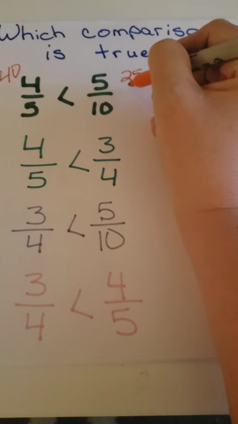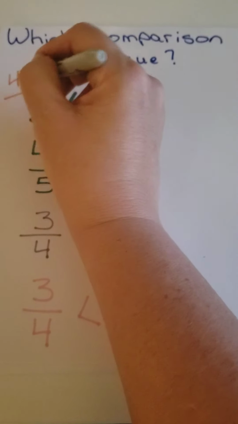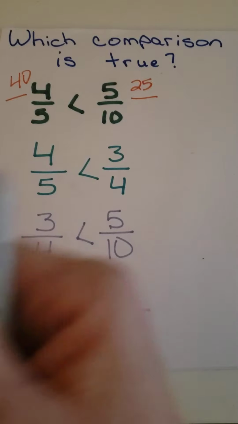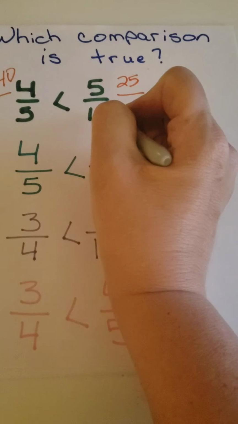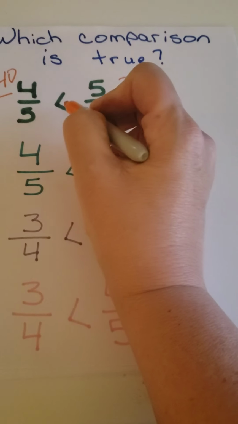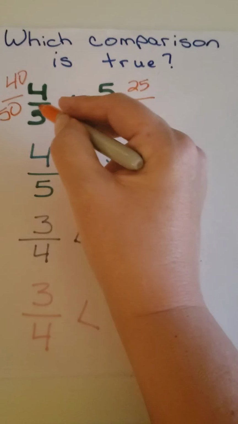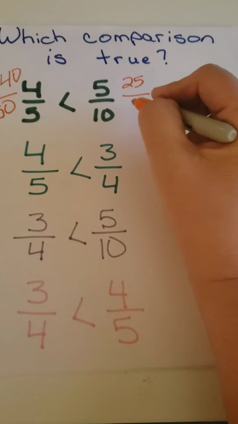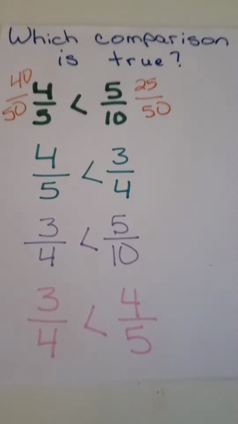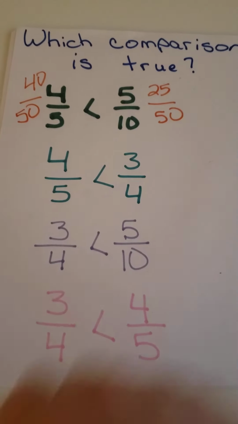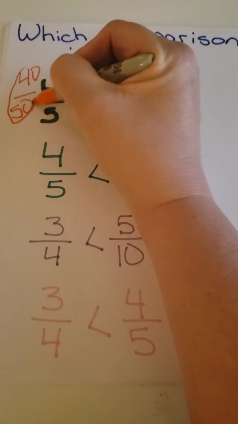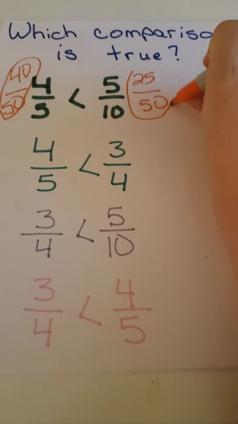Okay, now then, remember, we have to put our denominators. How do we do that? We cross the bottom. 10 times 5 is 50. 5 times 10 is 50. Okay? So now we have our new fractions.